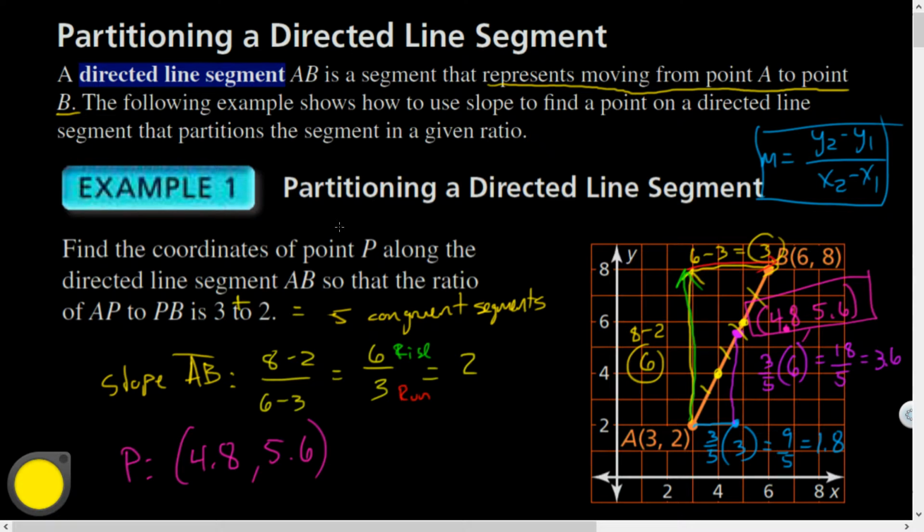But there we go. That's what we were asked to do, and that's what we did, right? So to find this, I did 3 plus 1.8, and to find that, I did 2 plus 3.6. Right? Okay. So let's get to these other more interesting questions.